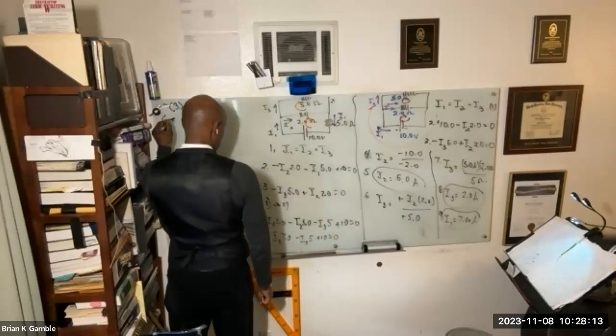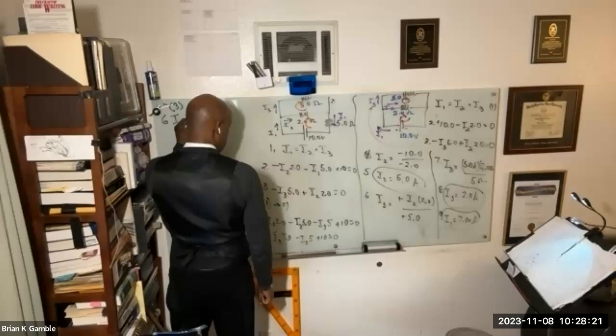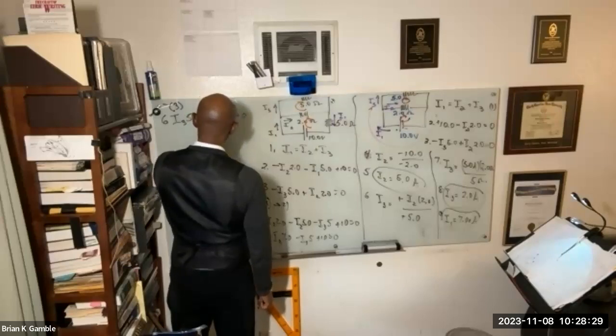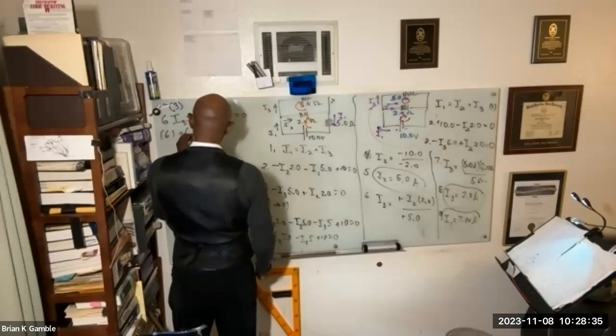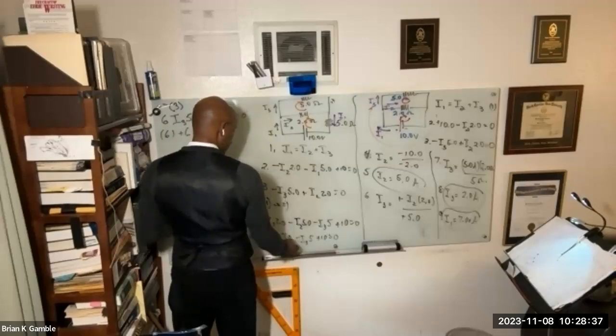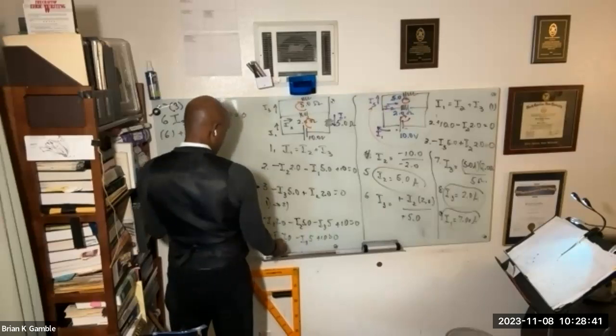So that's going to be I3 times 5 minus I2 times 2.0. Now if I add that 6 to 5, the I3 goes out, and so I'm going to have a minus I2 times 7.